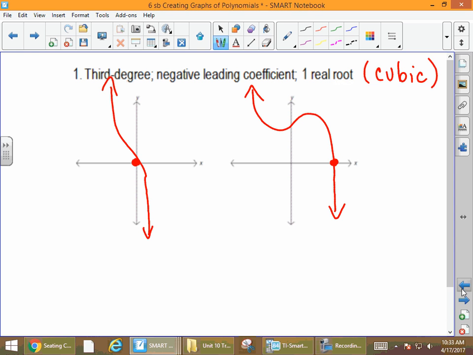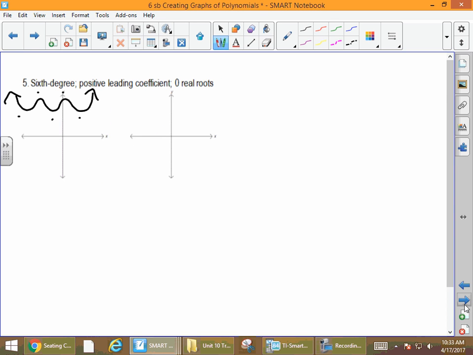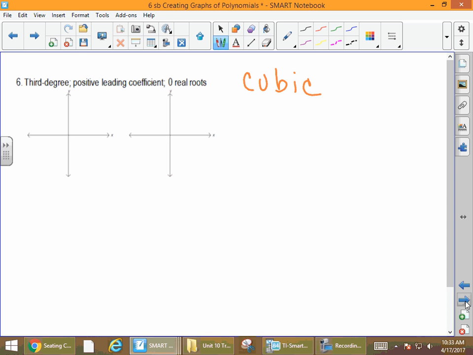Is there any way that we can draw a graph of a 3rd degree polynomial where we don't cross the x-axis? And there isn't. This is not possible.